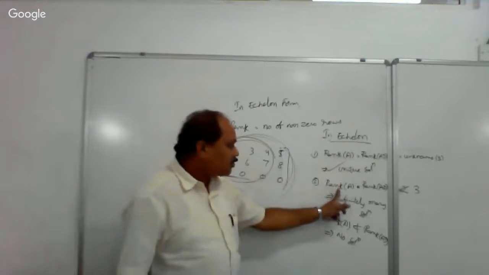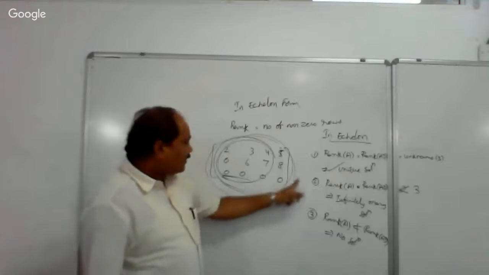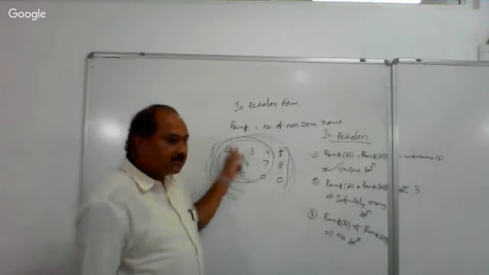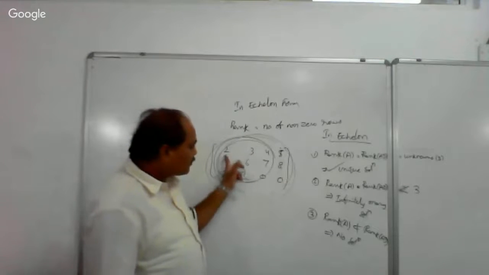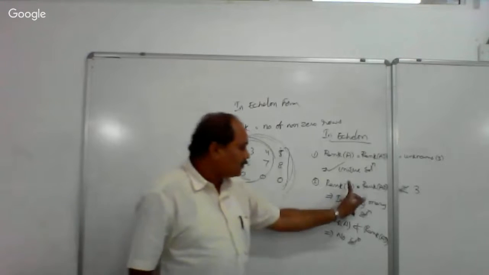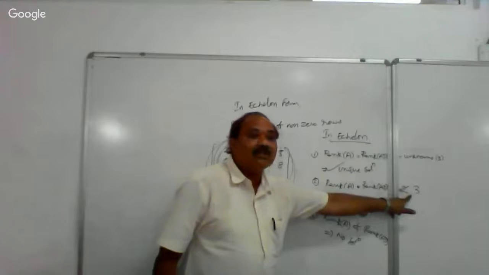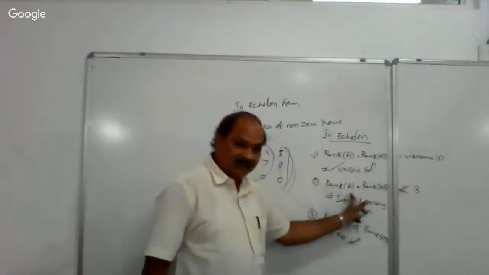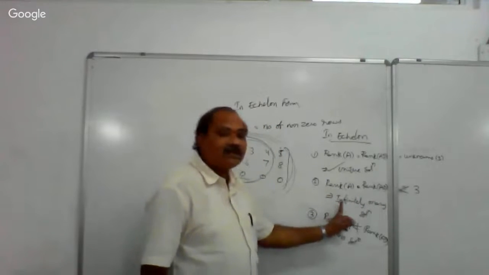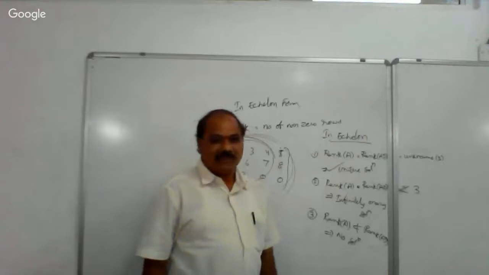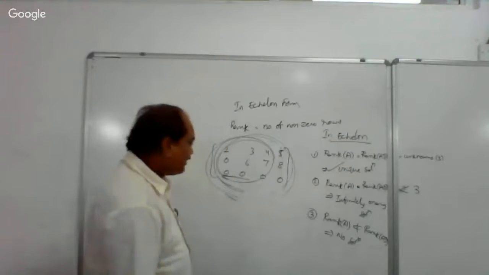Rank of A is 2. The augmented matrix rank is also 2 non-zero rows. Both are 2, which is less than 3. Therefore, infinitely many solutions. Are you understanding?